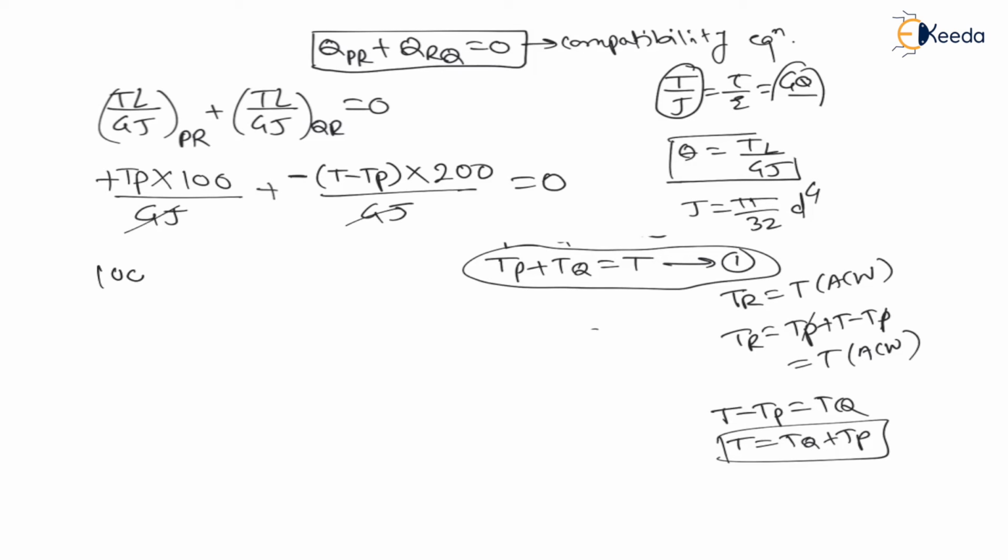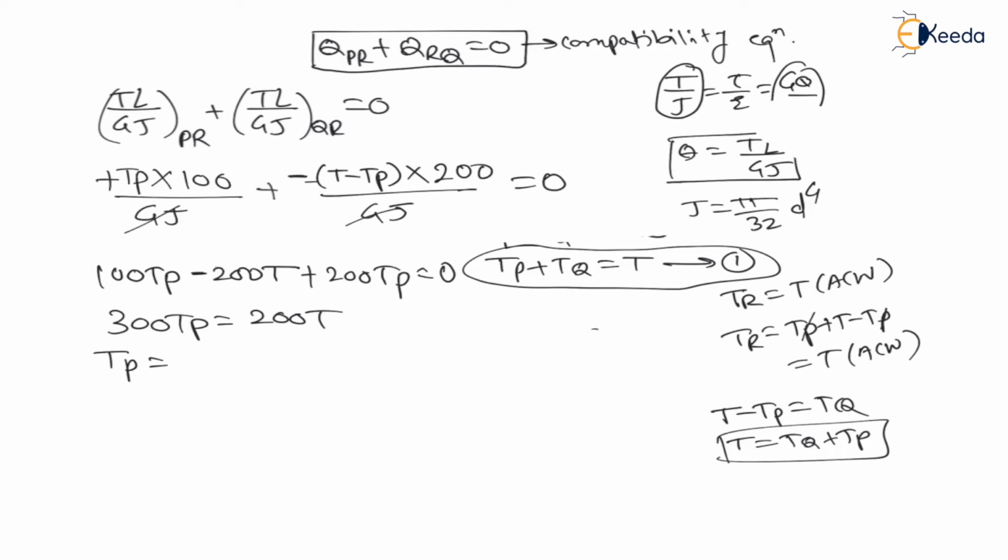Therefore, 100 TP minus 200 T plus 200 TP is equal to 0. Therefore, we can say 100 TP plus 200 TP, that is 300 TP, is equal to 200 T. Therefore, torque at P, TP, is equal to 200 T divided by 300.